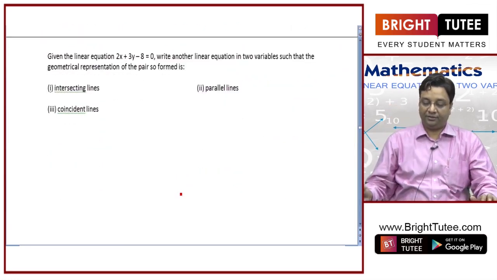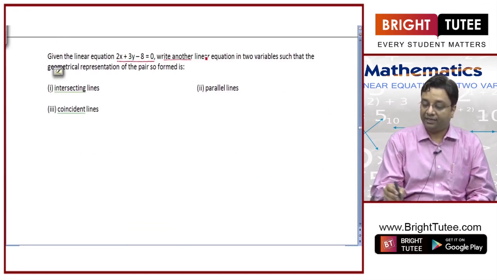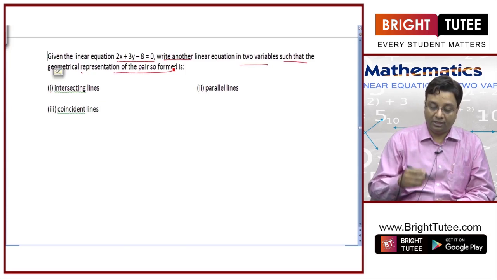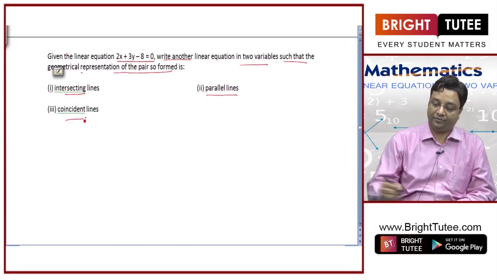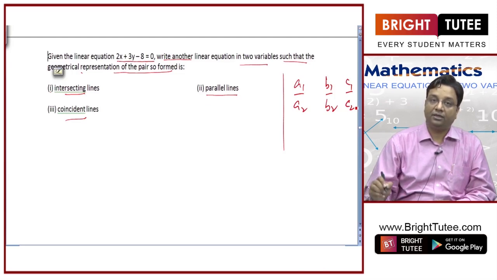Given the linear equation 2x plus 3y minus 8 equal to 0, write another linear equation in two variables such that the geometrical representation of the pair so formed is intersecting lines, parallel lines, coincident lines. Now again we know about these ratios, a1 by a2, b1 by b2, c1 by c2, right?